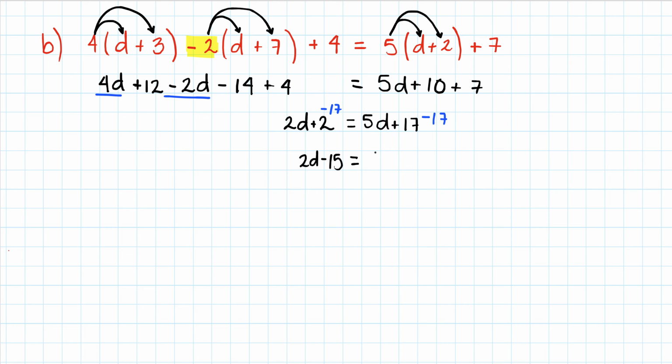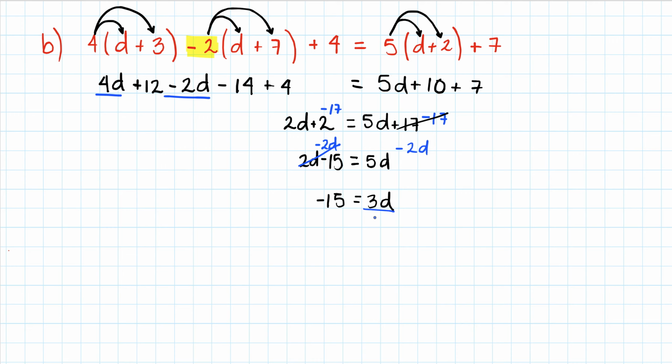Yes, -15, and this goes away. Fantastic. And here I have 5d. And then I'm going to take this 2d to the other side. So I do -2d and -2d. Wonderful. So this goes away. And then I have -15 equals 3d.